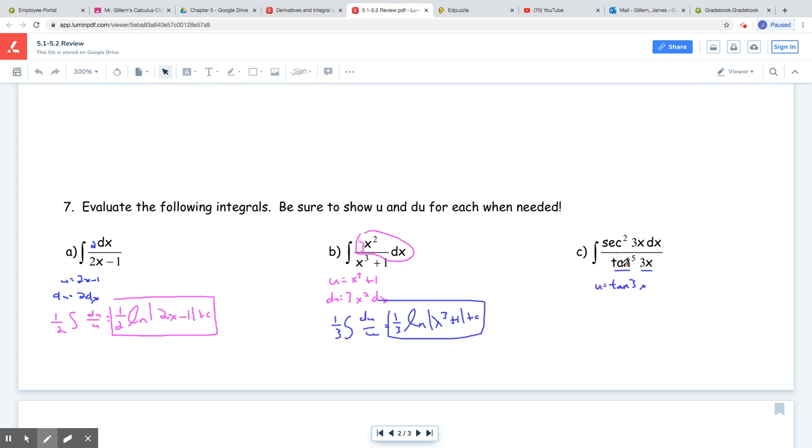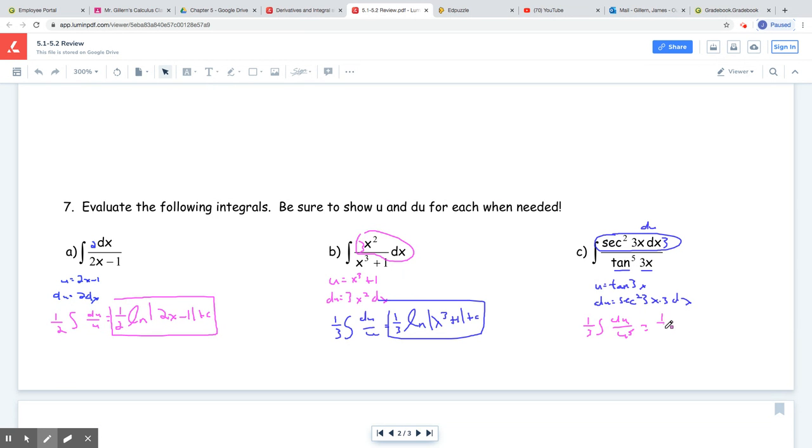Going off the premise, we have 2 different trig functions with different powers, so we take the one with the highest exponent. The derivative of tangent is secant squared 3x times 3 dx, so I put a 3 up here. There is going to be my du, right? You might be thinking, oh, this is going to be du over u, but it's not, because of what's on the bottom. So it's 1/3 integral du over u to the 5th. This is not du over u.